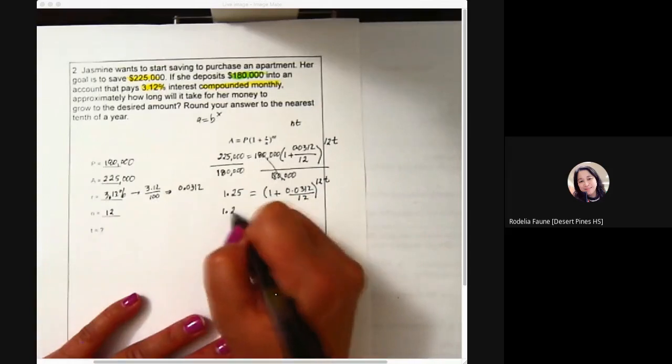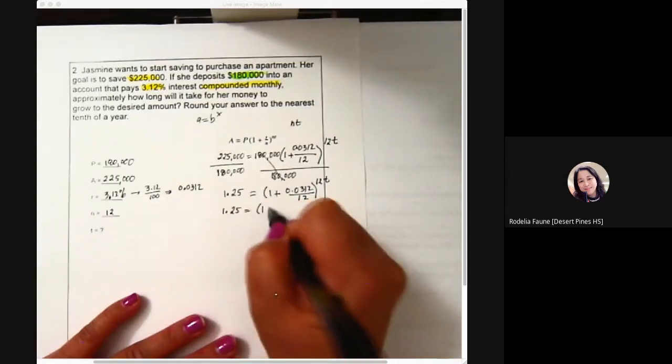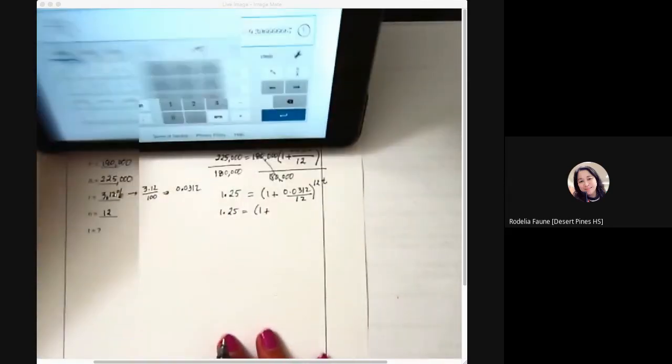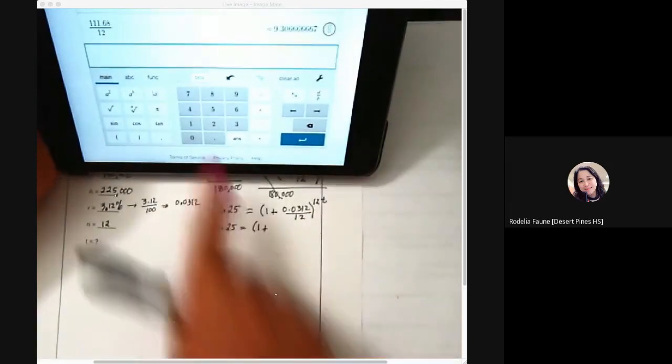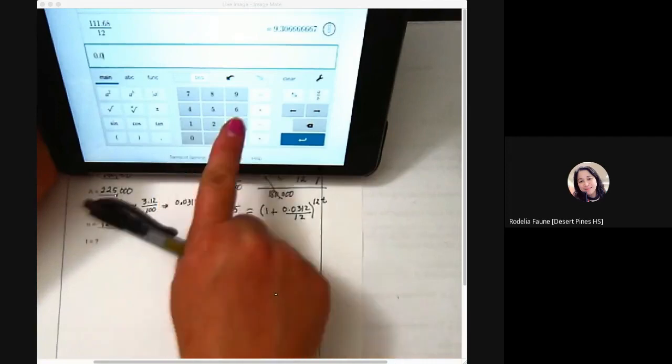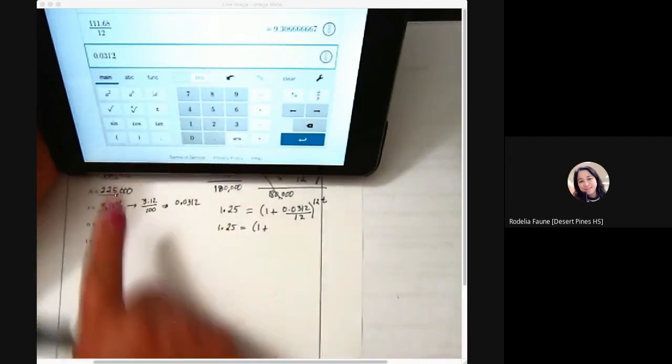Now let us combine this. Let us use our Desmos again, and let us divide this one. 0.0312.